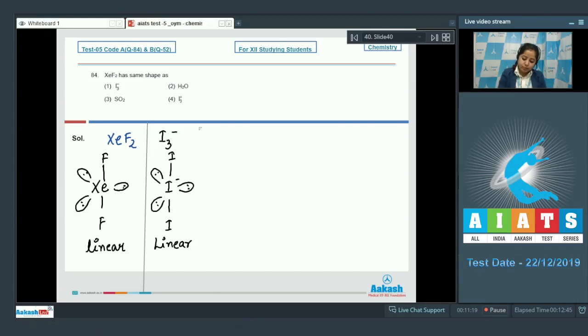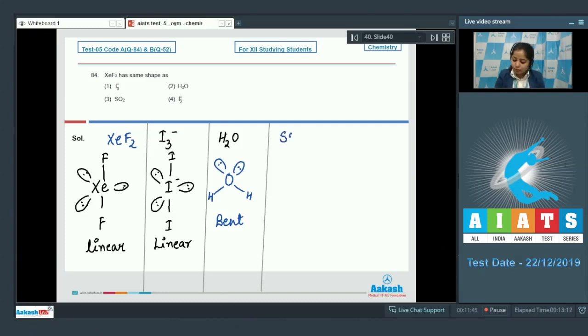Moving to the next option, which is H2O. In this case, oxygen has 2 lone pairs and 2 bond pairs. So the geometry is bent. Moving to the next option, which is SO2.